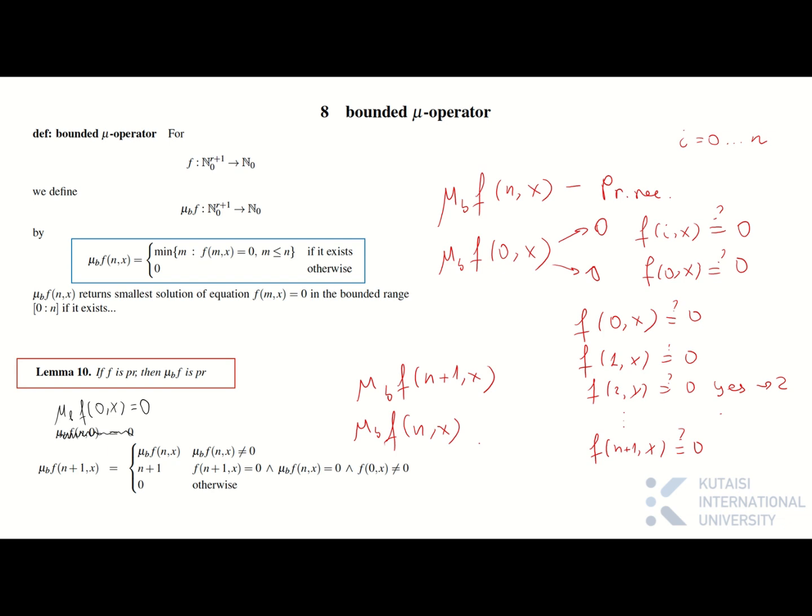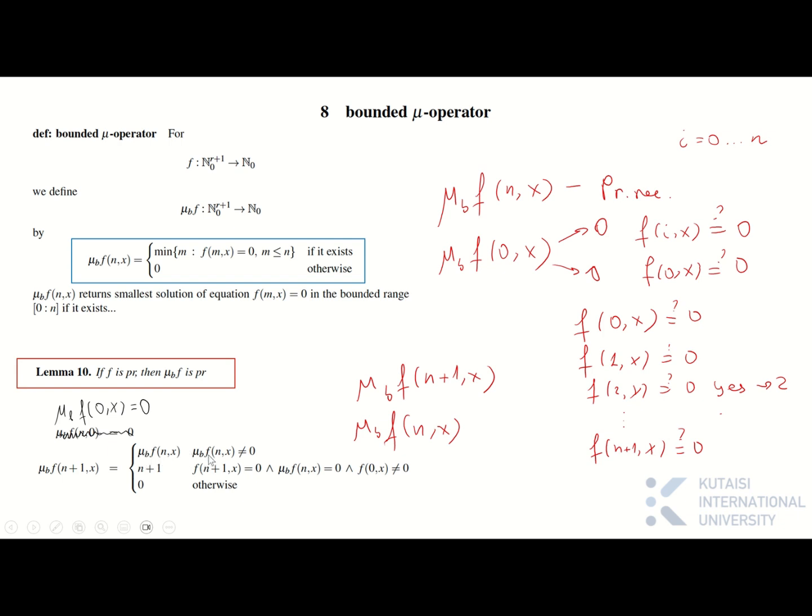Because this thing is doing the same exact thing, but only going up to fnx, right? It's the same exact procedure, but the loop here is going to n plus 1, and the loop here is going only up to n, and it will still find something here. So one possibility is that it is the same exact thing as bounded mu operator of fnx.